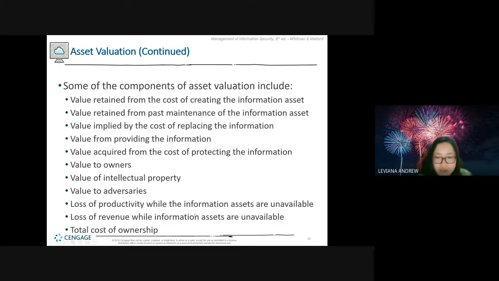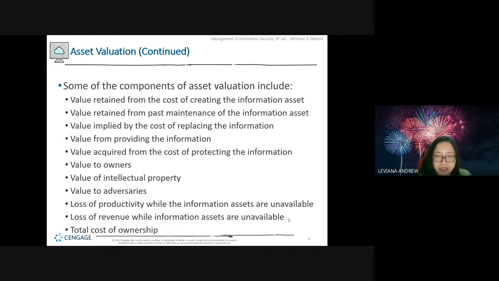Loss of productivity while the information assets are unavailable. Loss of revenue when information assets are unavailable. Can you imagine if the internet is not working?